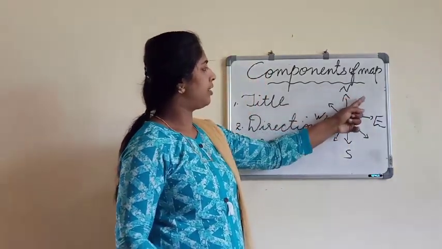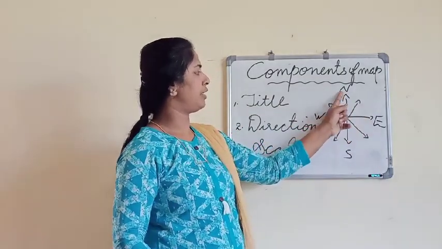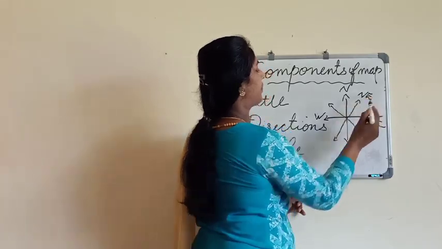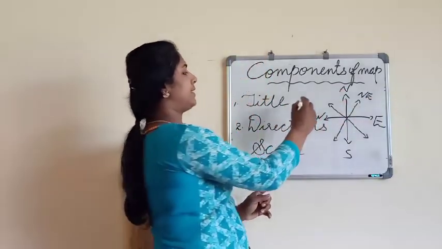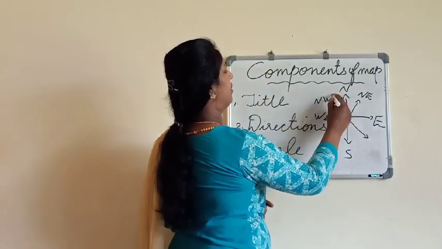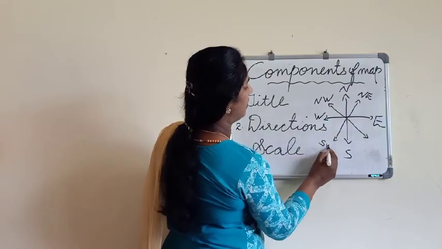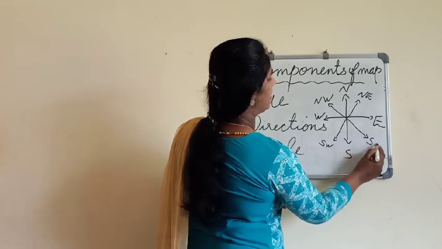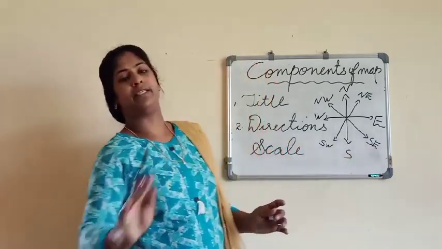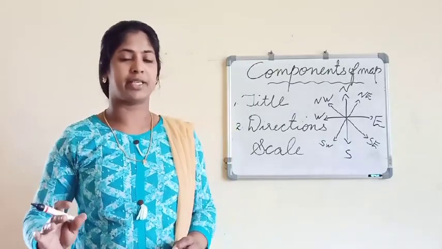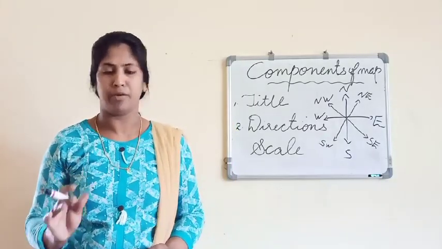Here it is northeast, because it is between north and east, then northwest, then southwest and southeast. So I will say it once again: the main directions are known as cardinal points.